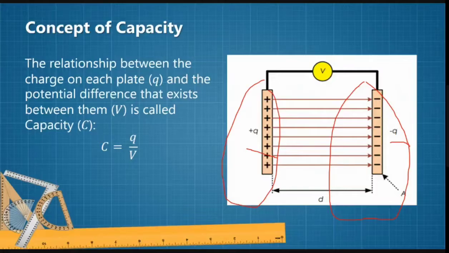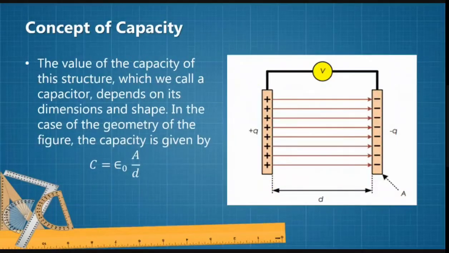The relationship between the charge on each plate, Q, and the potential difference that exists between them is called capacity. The capacity we can write as C equals Q divided by V.